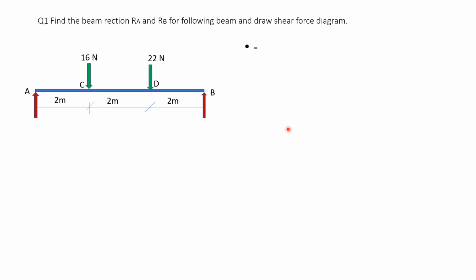So taking moment about A, clockwise moment positive and anti-clockwise negative. We are taking moment about A to calculate RB. So moment of RA about A is 0. For this 16 Newton, it is at a distance of 2 meter and the moment is clockwise. So we write down RB is equal to 16 into 2 plus.